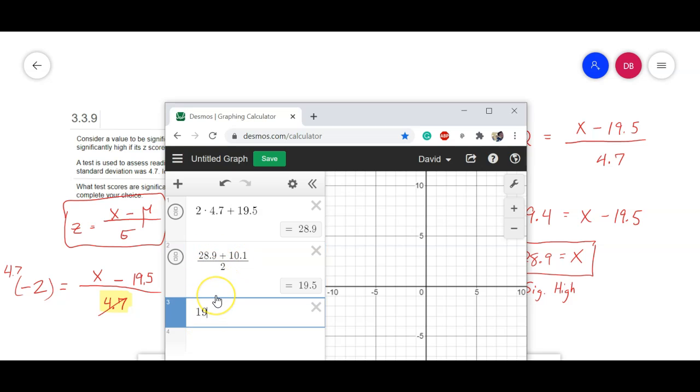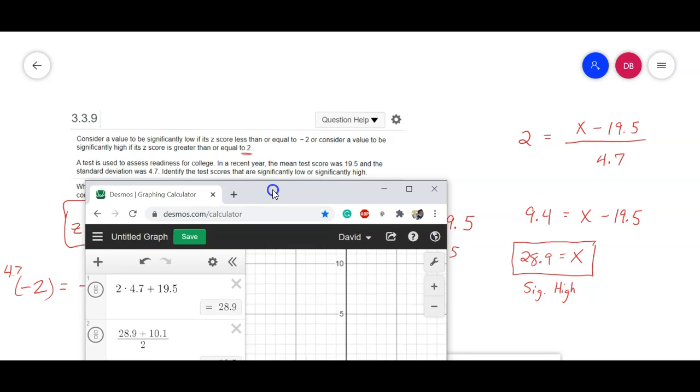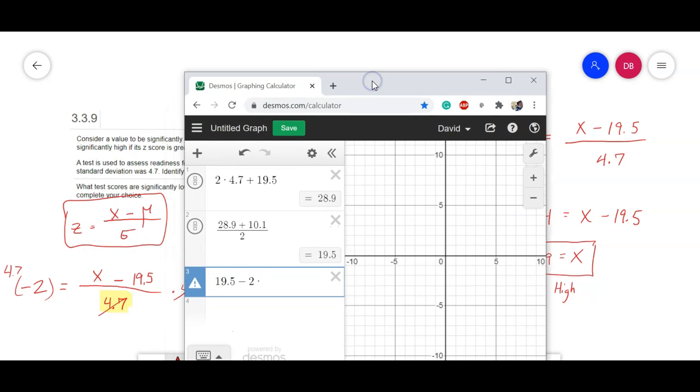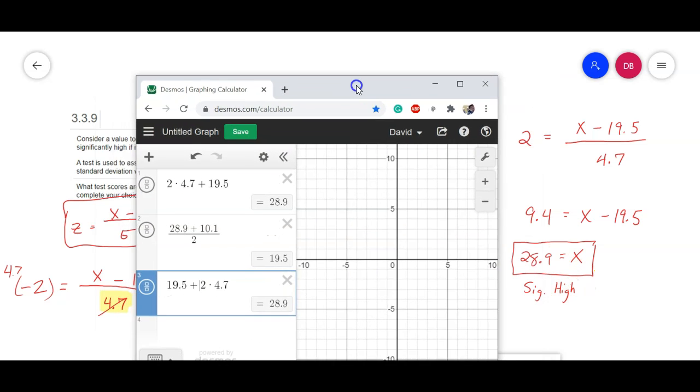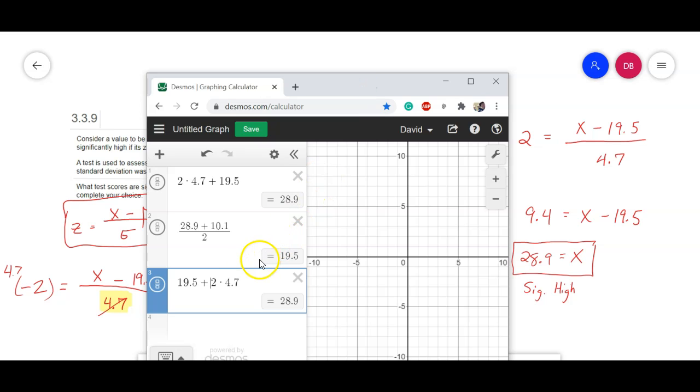So what do we mean by that? If I take two standard deviations, so 2 times 4.7, and multiply that by -2 and subtract it from the mean, I get that low cutoff. If I add it, I get that high cutoff. Those are the two numbers we're looking for here.